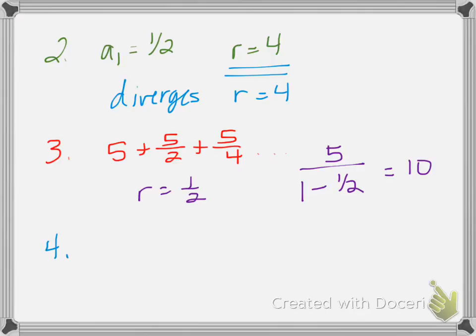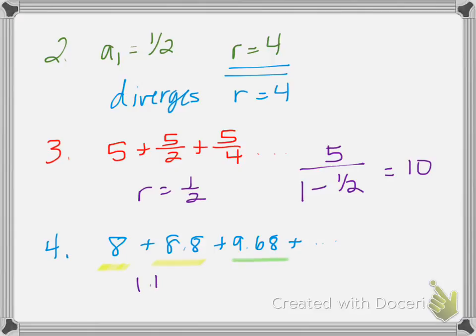The last one that I have for you is 8, 8.8, 9.68. And I'm showing you this one because I think this one's harder to figure out what the R is. The way that you can do it, if you have trouble figuring it out, is start with the second one and divide by the first one. So when I do 8.8 divided by 8 in the calculator, I got 1.1.